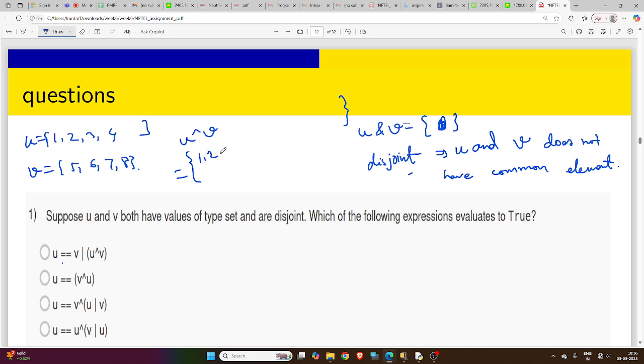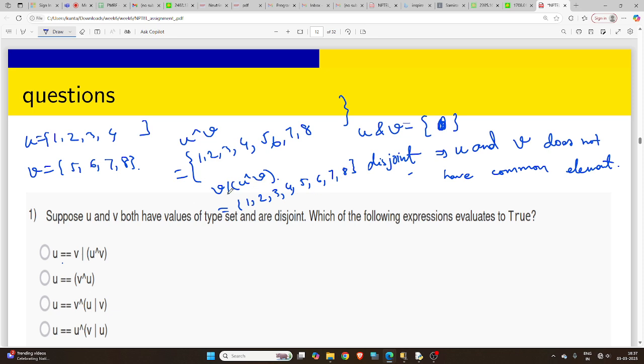So for that case, 1, 2, 3, 4, 5, 6, 7, 8 all will be there for u to the power v. Now v union u to the power v. So what will be v union u to the power v? It will be exactly the same as 1, 2, 3, 4, 5, 6, 7, 8. Why?